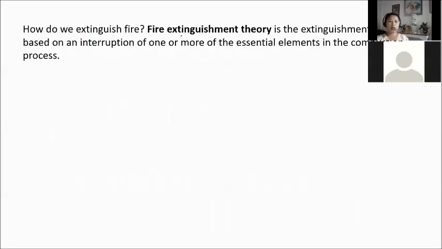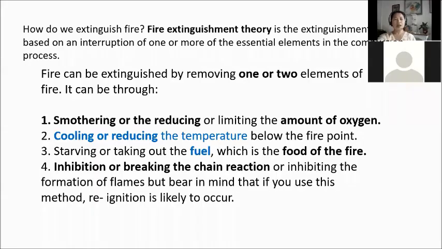And fire extinguisher theory is the extinguishment of fire based on an interruption of one or more of the essential elements in the combustion process. So fire can be extinguished by removing one or two elements of fire. So it can be through, first, smothering or reducing or limiting the amount of oxygen.